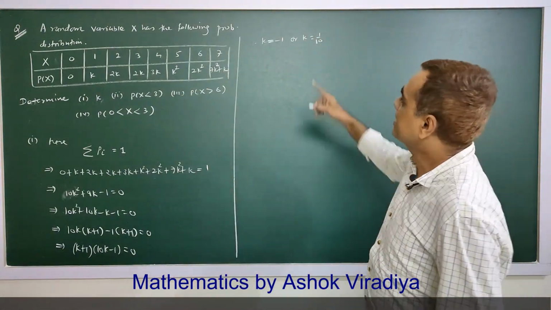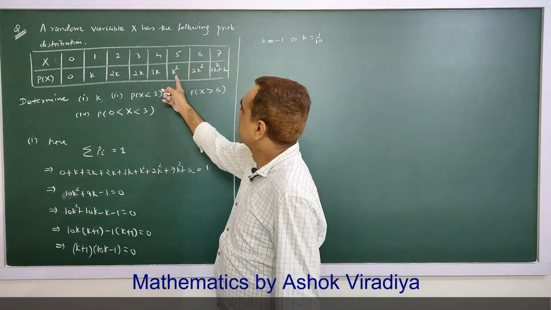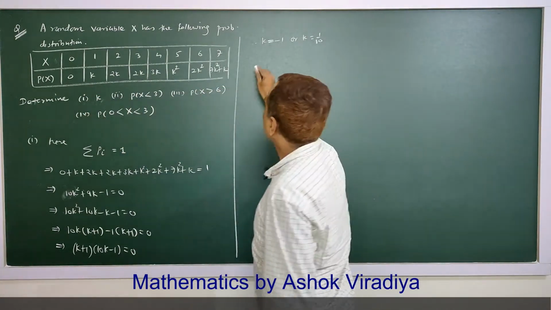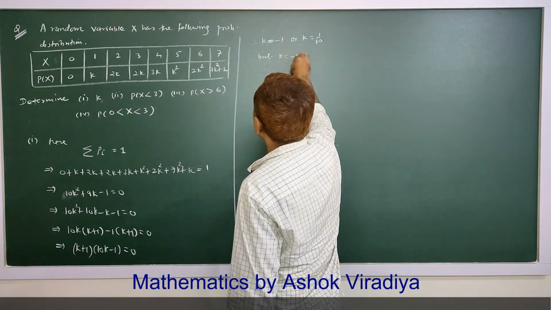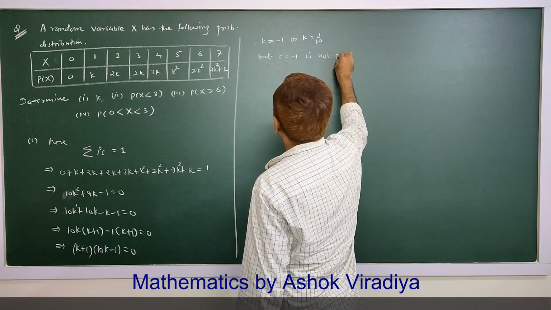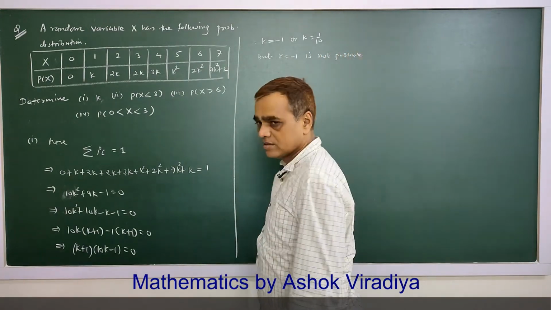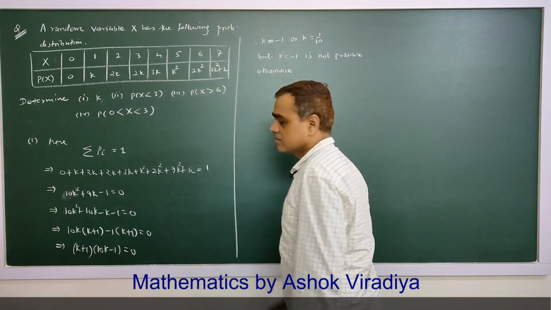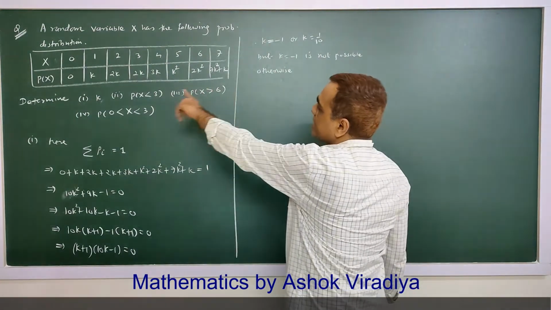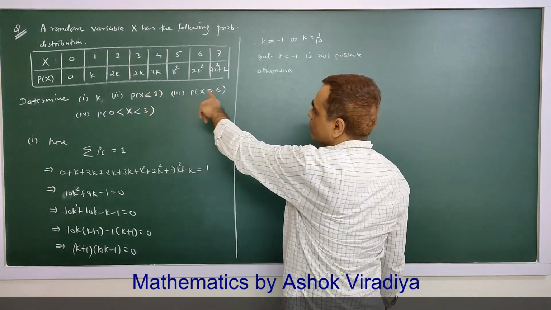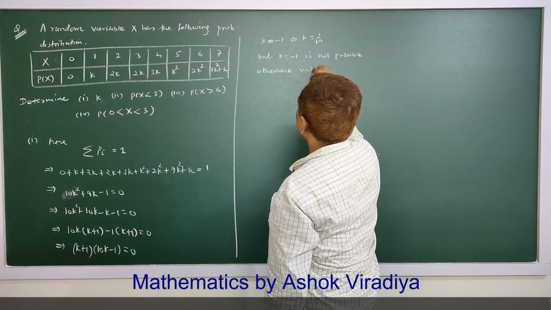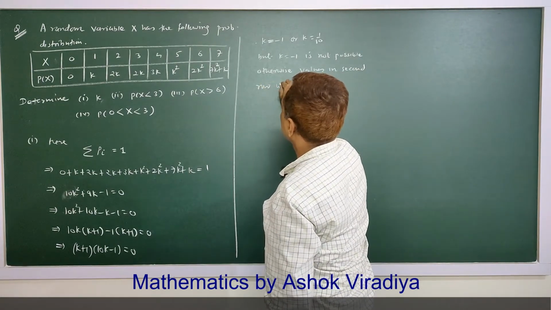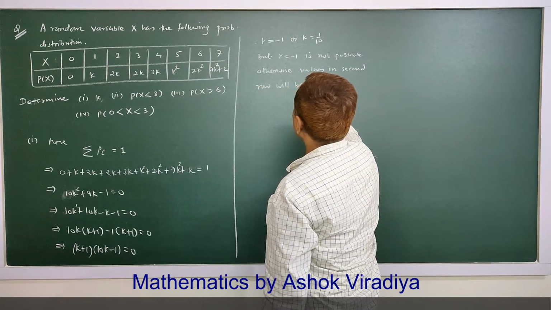But if we take k as minus 1, then these probabilities will be negative, which is not possible. Otherwise values in the second row will be negative.